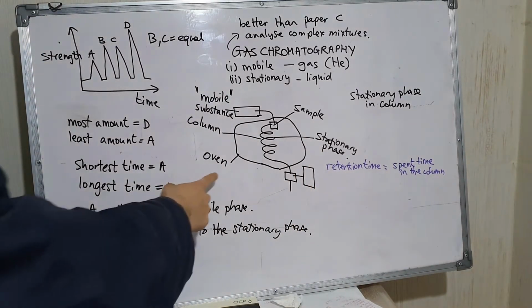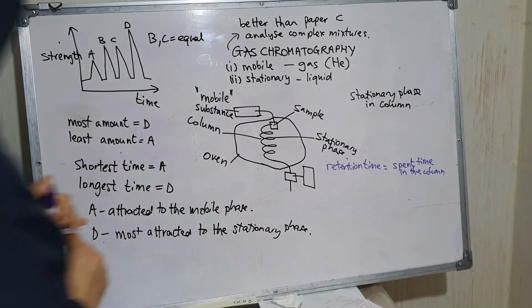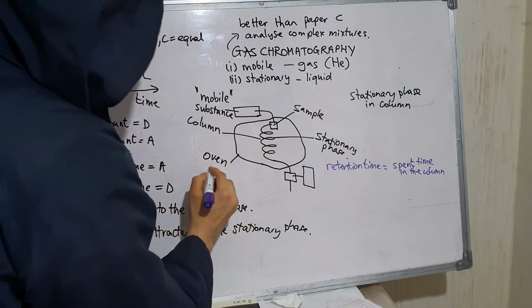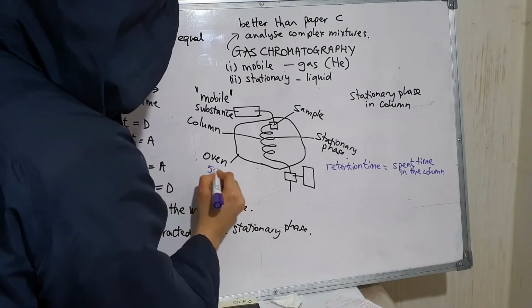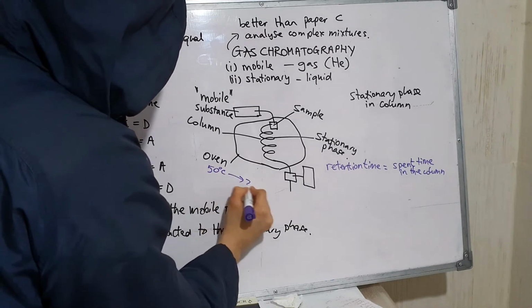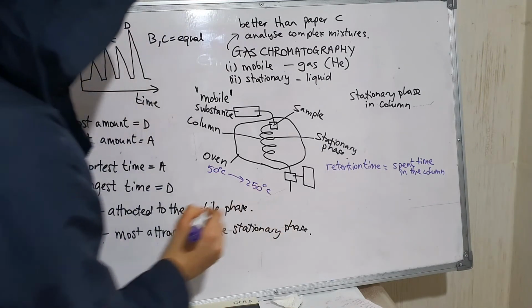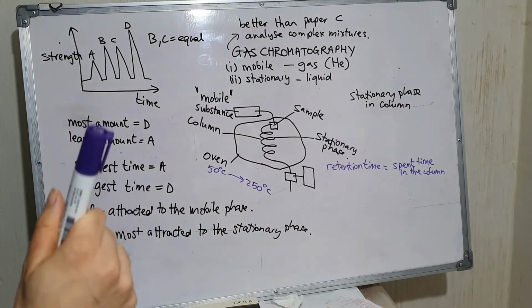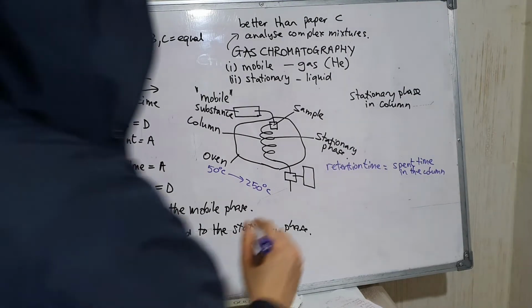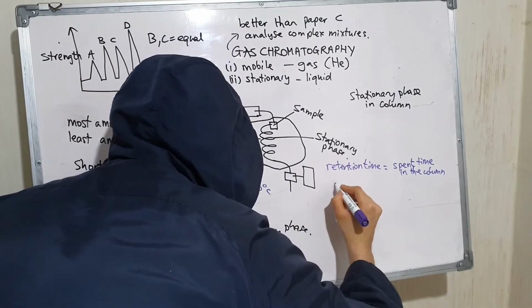Right, because you can control the temperature of the oven, sometimes it could be 50 degrees Celsius to 250. Right, so what happens if you have a high temperature? What does that imply?